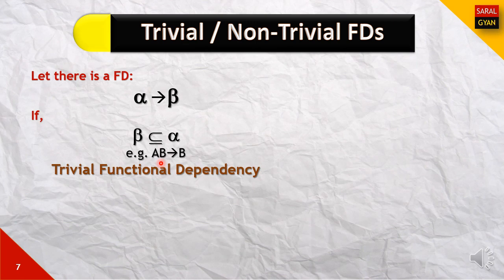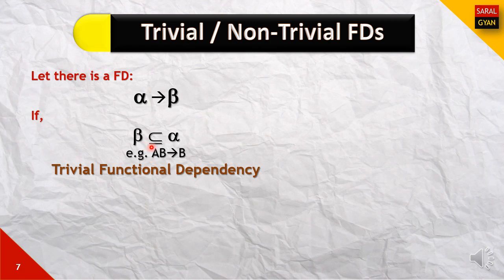However, it is not very useful, because if I ask you to tell me your enrollment and name, I will tell you your name. It is of no use because that attribute I already know.